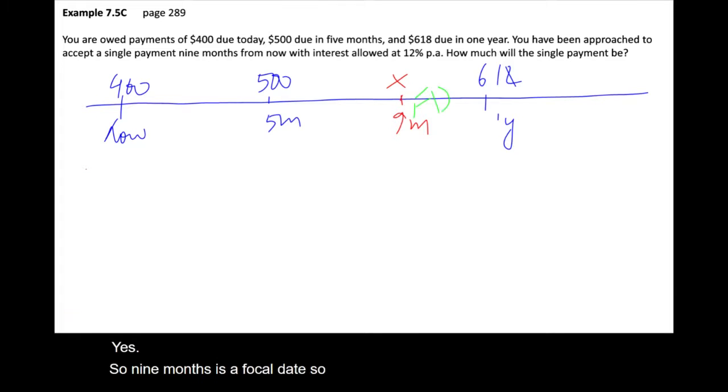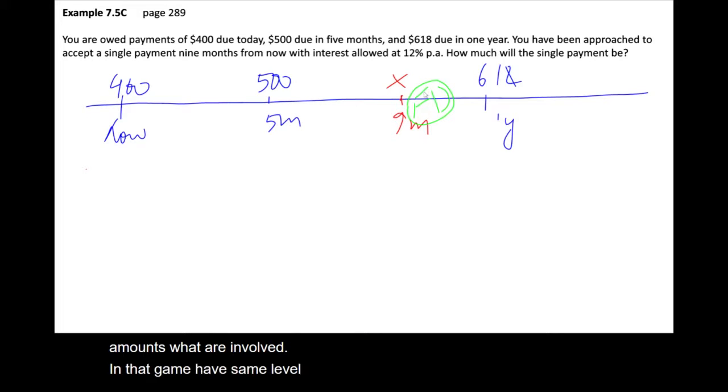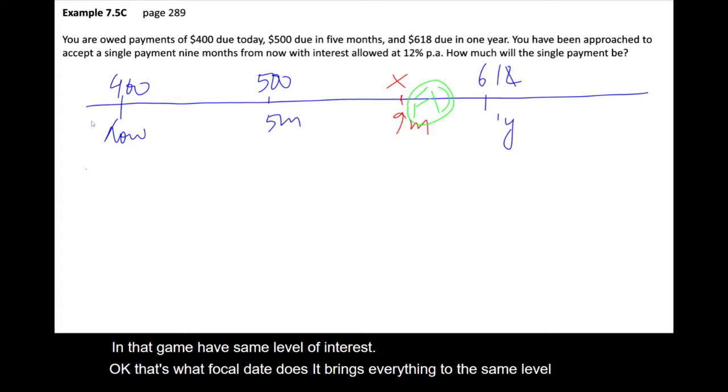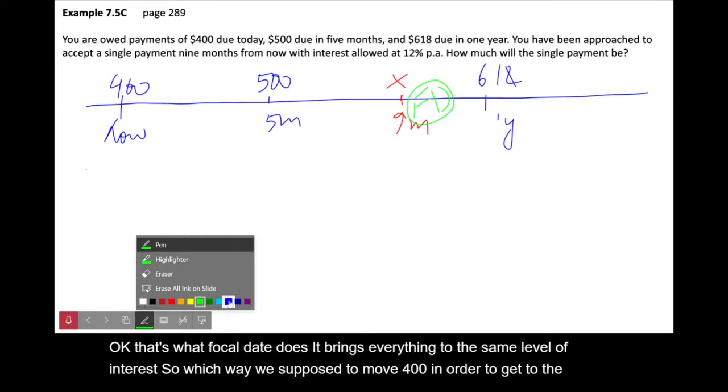Focal date is the date when all the amounts involved in that problem have the same level of interest. That's what a focal date does. It brings everything to the same level of interest. So which way are we supposed to move 400 in order to get to the focal date, guys?